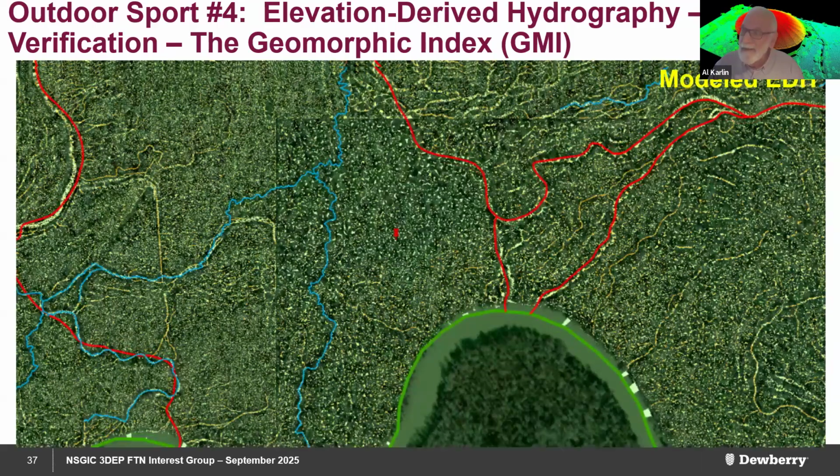And there are our EDH lines, which I've got to admit, if you look at it, they show a fairly good association between the geomorphic index and along here in this area. And again, you can see that, with minor exception, like right in this area, they really show very little association to the NHD.